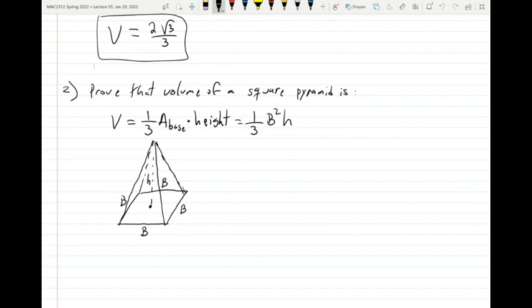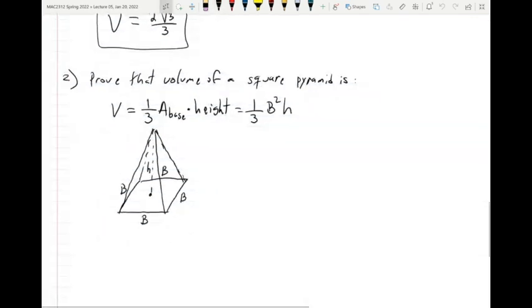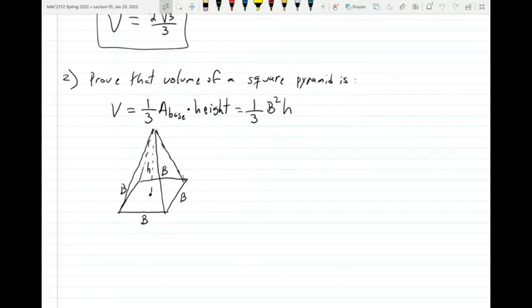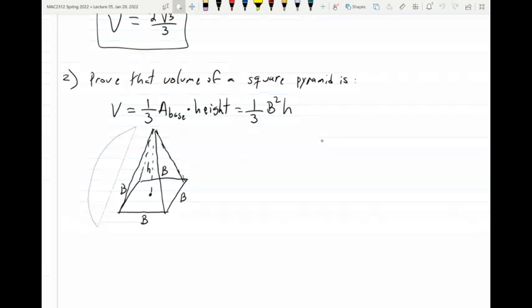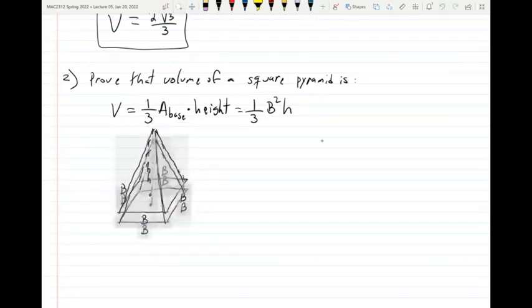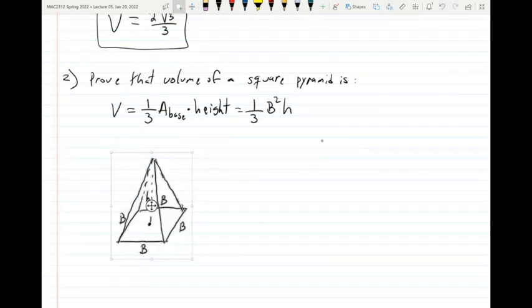I'm gonna reuse the picture. But then let's put this in perspective. So I'm going to set the center of the pyramid to be my y-axis.